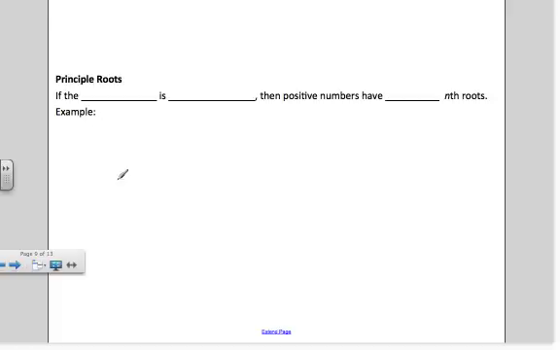Principal roots. Okay, if the index is even, then positive numbers have 2 nth roots. For example, if I have 4 and -4, I can square them both to get 16, okay?